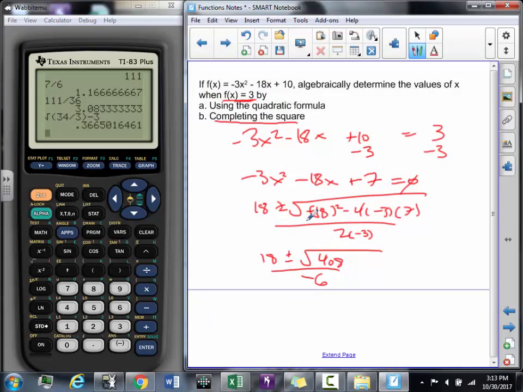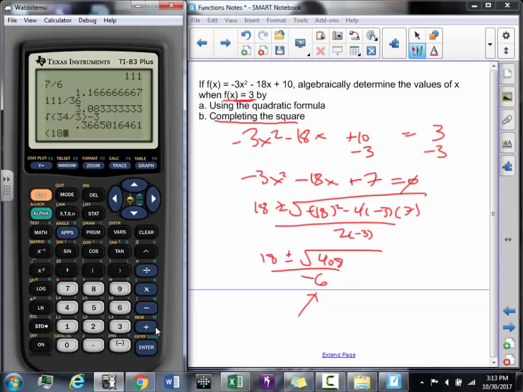On the previous page, I also believed that this was an answer. So I'm going to try this one as well. 18 plus the square root of 408 divided by -6. Actually, I'm going to use the negative version first. Same answer.